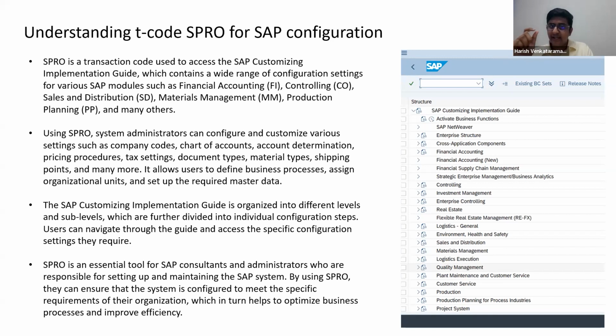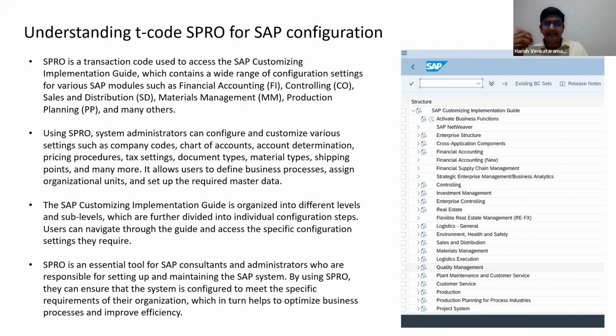You can go into the respective module, which we will cover in later slides, and then enable that, 0 is my tolerance. Therefore, whenever SAP functions, it is configured to look into the customizations and configurations from SPRO. So what is configured in SPRO is the basis on which SAP will function.